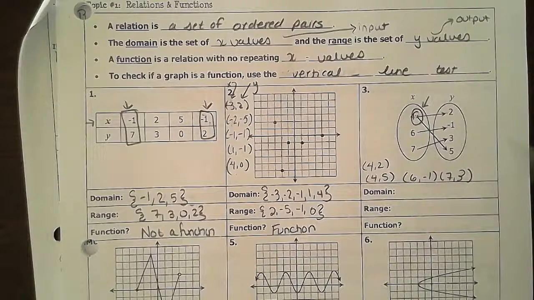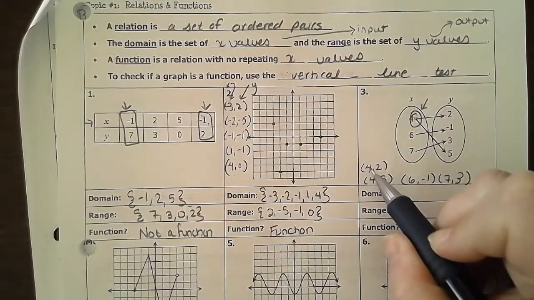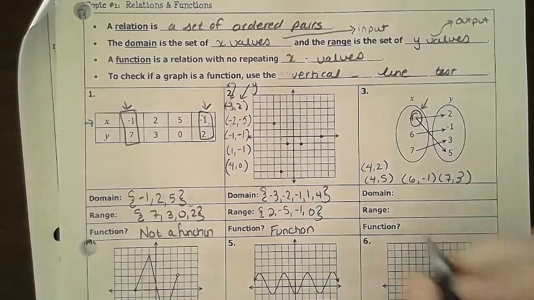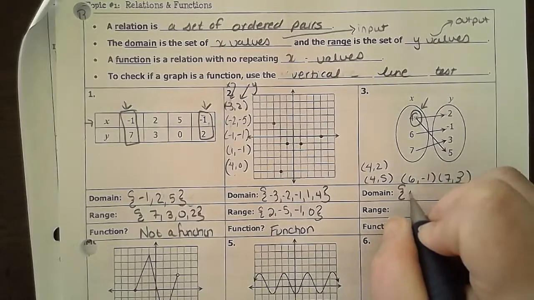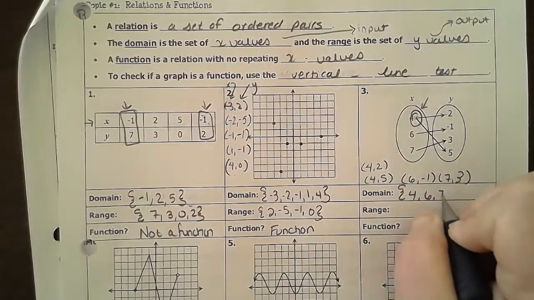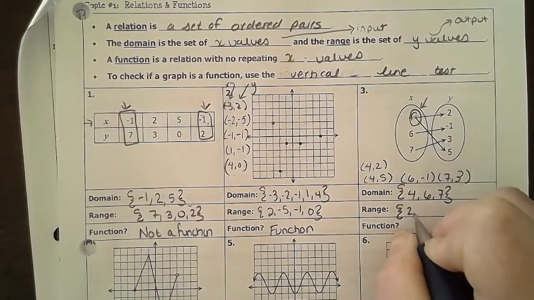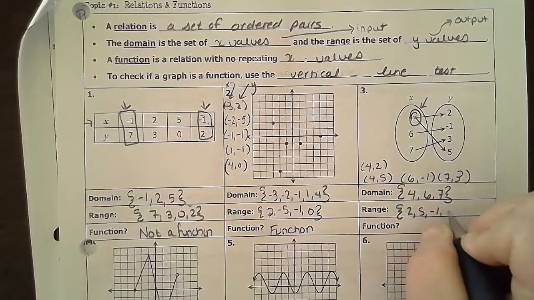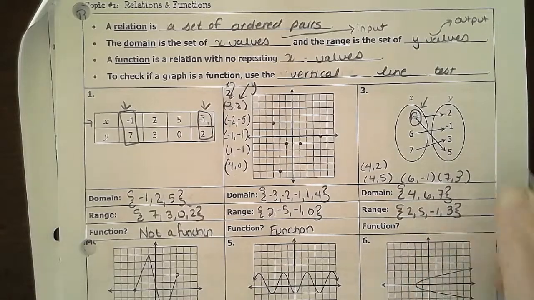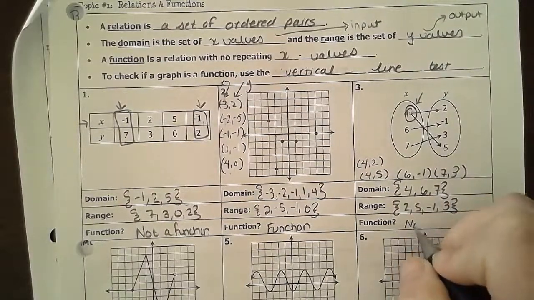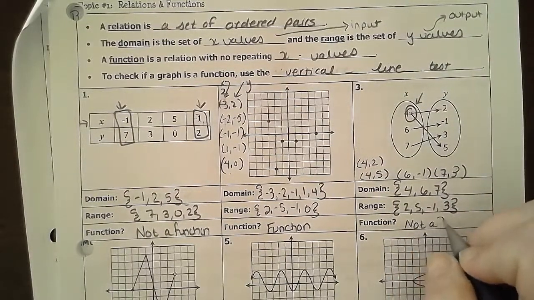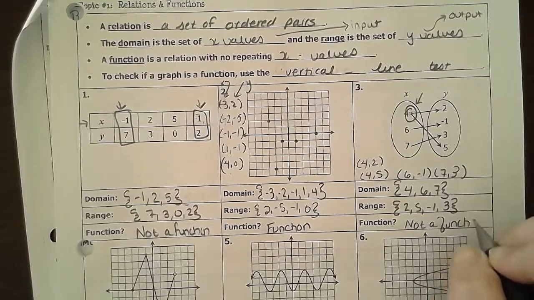There's more than one number mapping from 4. And in fact, if I list them here, I have 4 repeating. Okay, so my domain is 4, 6, and 7. And my range is 2, 5, -1, and 3. But this is not a function because my x values repeat.